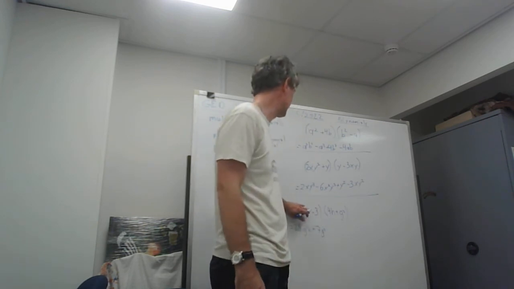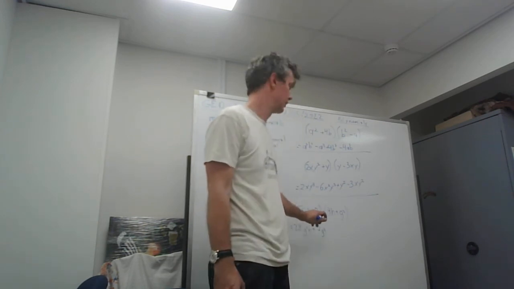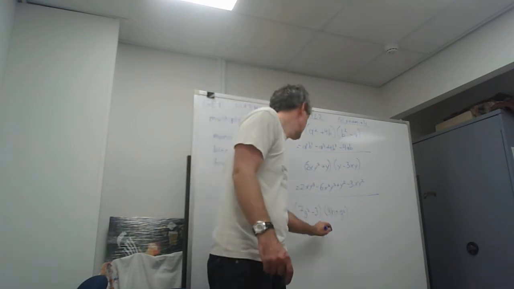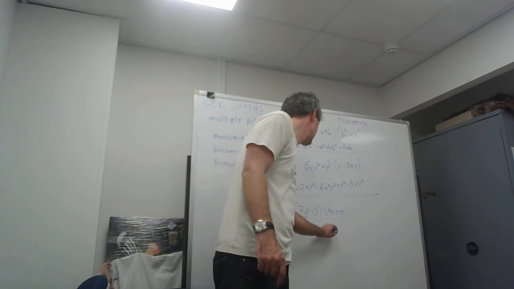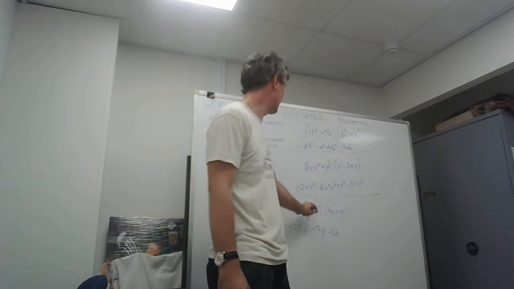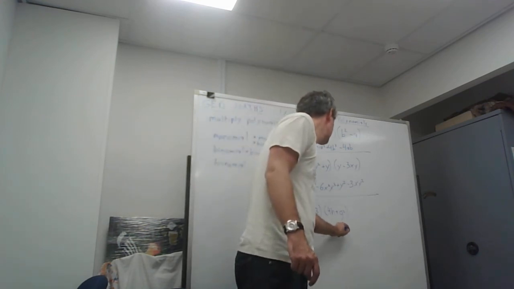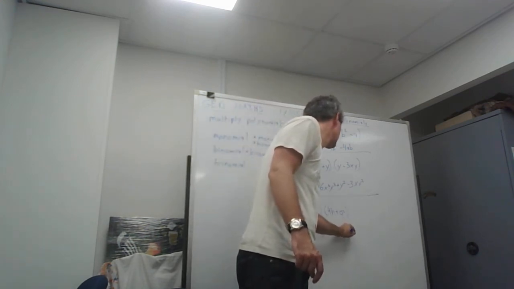Okay, so that's this term done. Now we do this one. Minus 3 times 4h, minus 12h. Minus 3 times g squared, minus 3g squared.